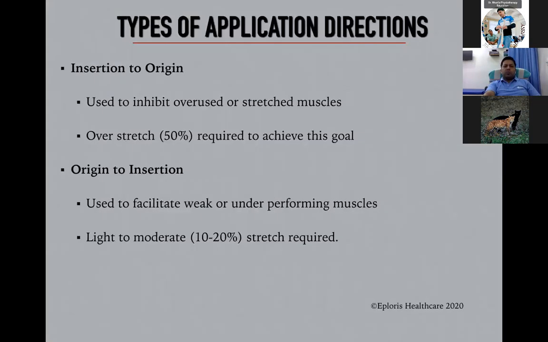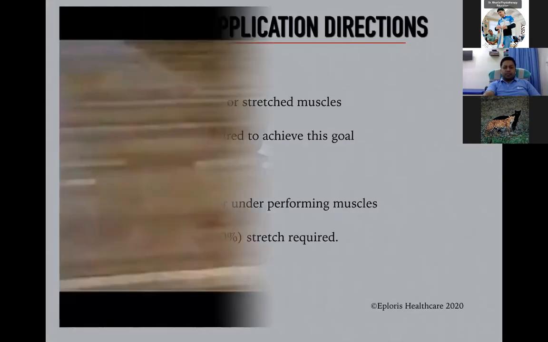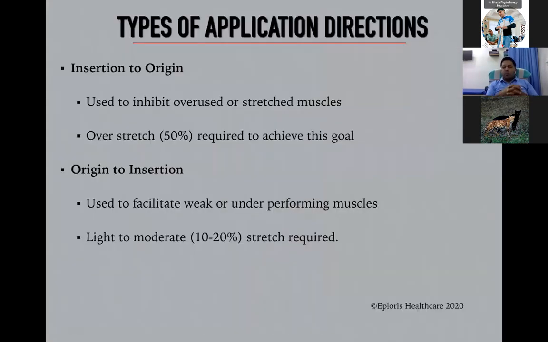So now coming to the types of application direction. This is the main dilemma while using the Kinesio tape: whether to use from insertion to origin or origin to insertion.